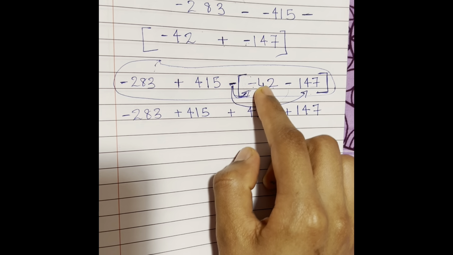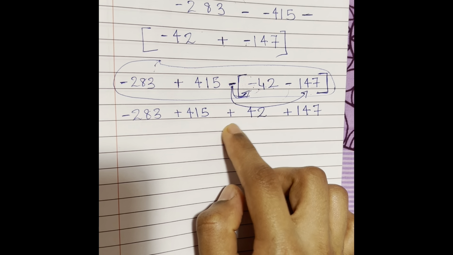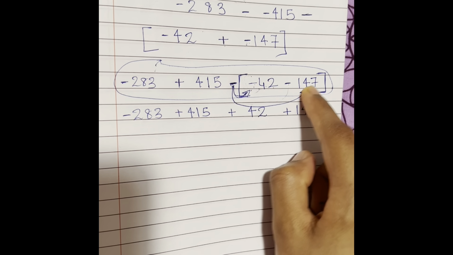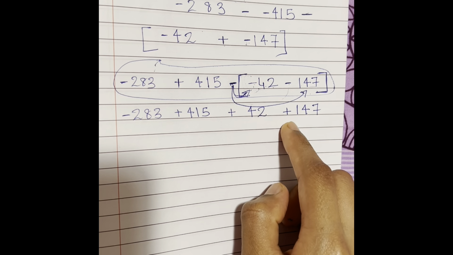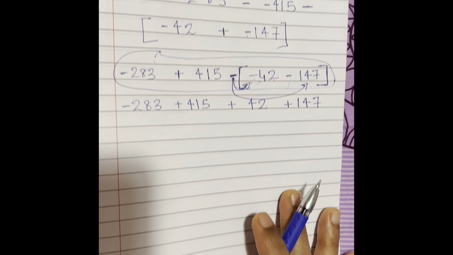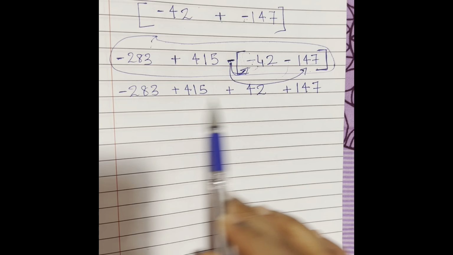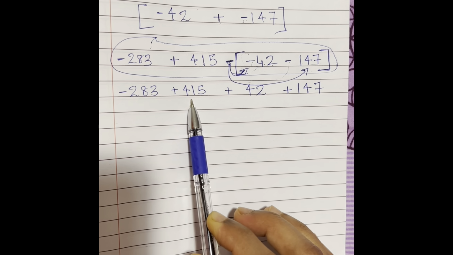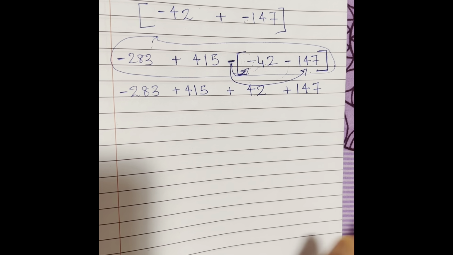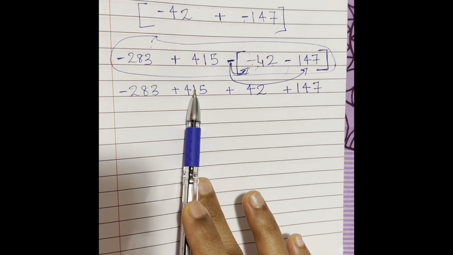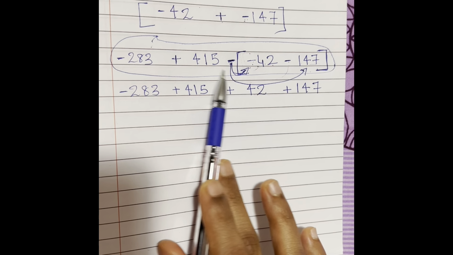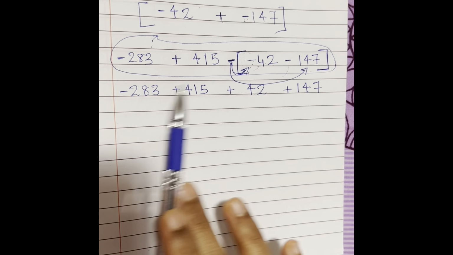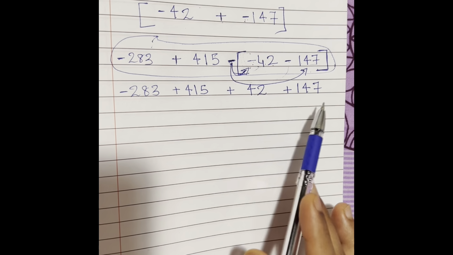So it will become minus minus 42, which is plus 42, and minus minus 147, which is plus 147. Easy. Now you see how the terms became: minus 283 plus 415 plus 42 plus 147. In between there are only single signs, no two signs together. Now we can solve easily.